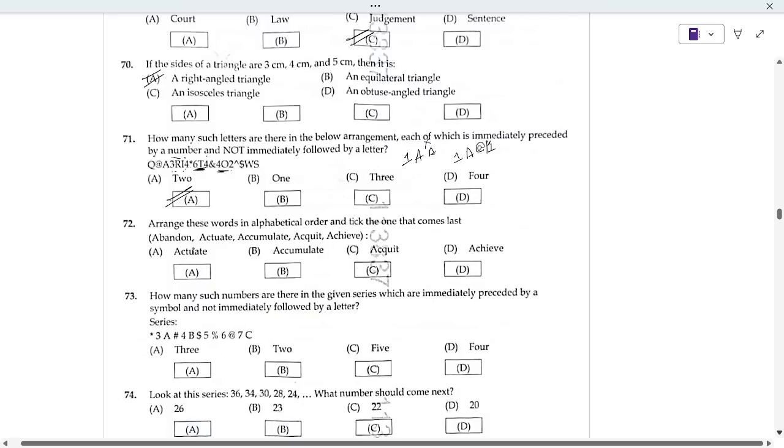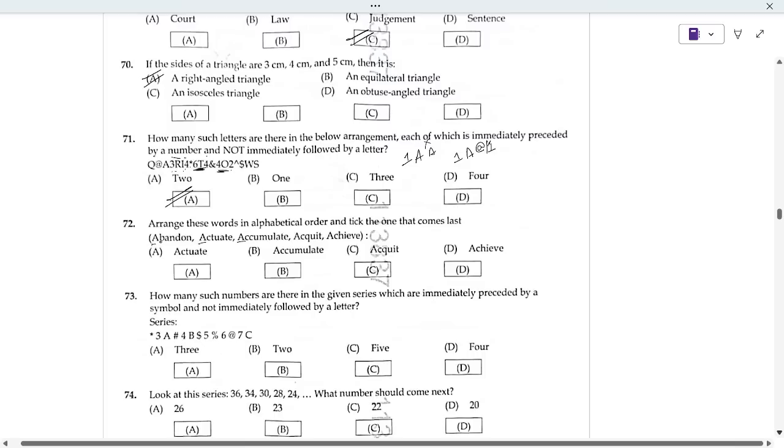Arrange these words in alphabetical order and tick the one that comes last. Abandon, and so on are given. In dictionary order we usually start with A, but since all the starting letters are different, let's go to the next one.